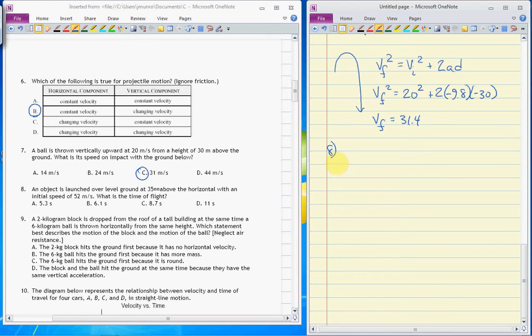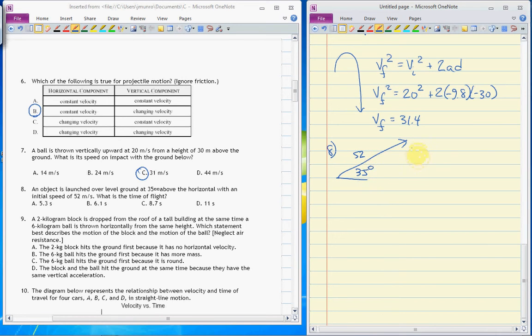For number 8 then, it says an object is launched over level ground at 35 degrees above the horizontal with an initial speed of 52 meters per second. Again, drawings are really useful. 35 degrees. Initial speed of 52 meters per second.